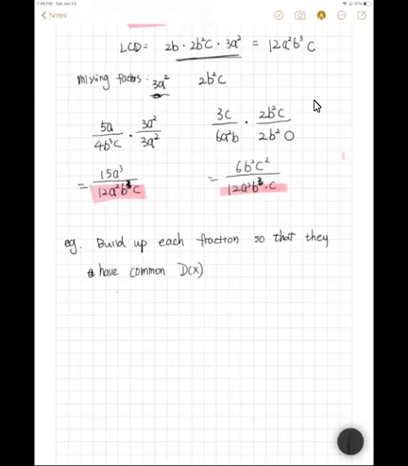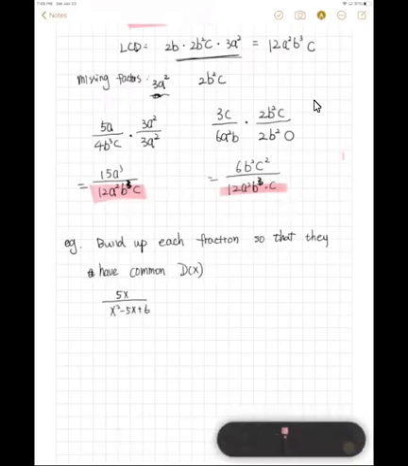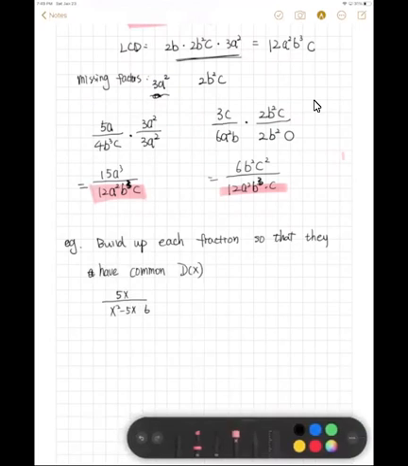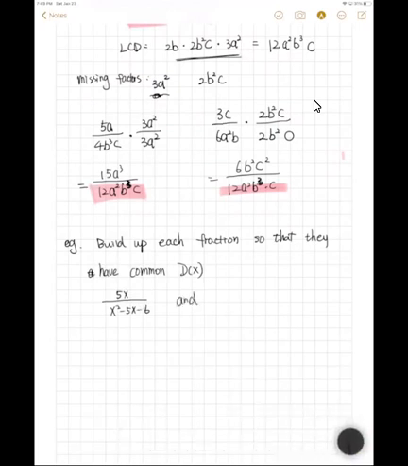Okay, look, 5x over x squared minus 5x minus 6. And the second expression would be x minus 2 over x squared plus 4x plus 3.